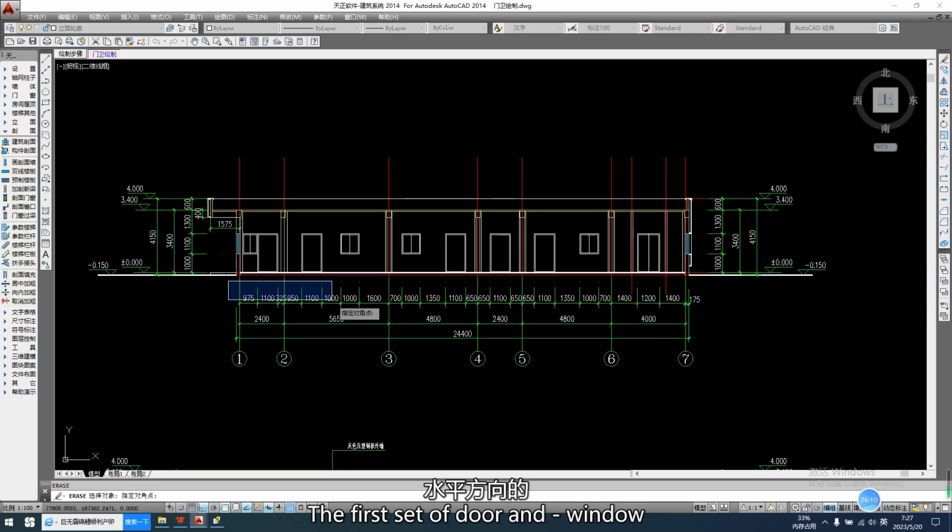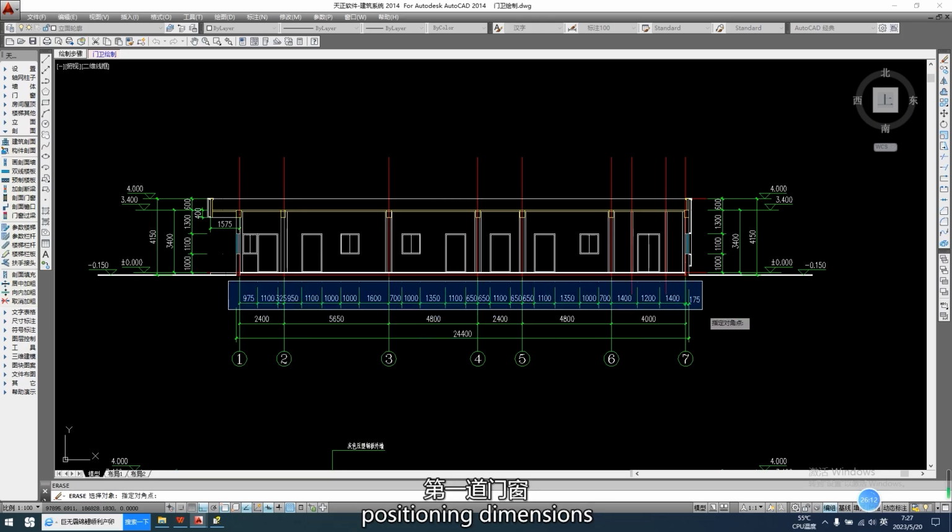The first set of door and window positioning dimensions in the horizontal direction can be deleted.